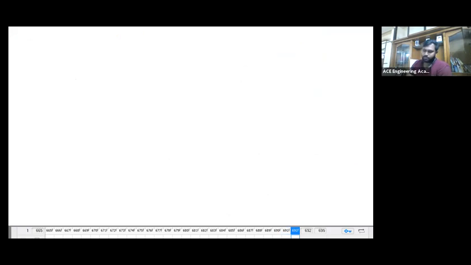Now, third point: when Q is greater than QS, when the vertical load increases further, which means Q is going to be greater than QS.